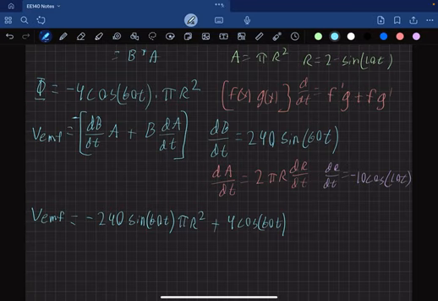Then we have our dA/dt, which will be 2 pi r dr/dt.